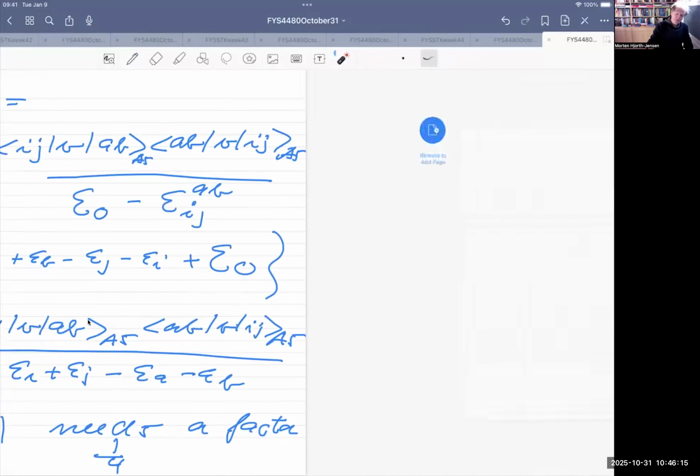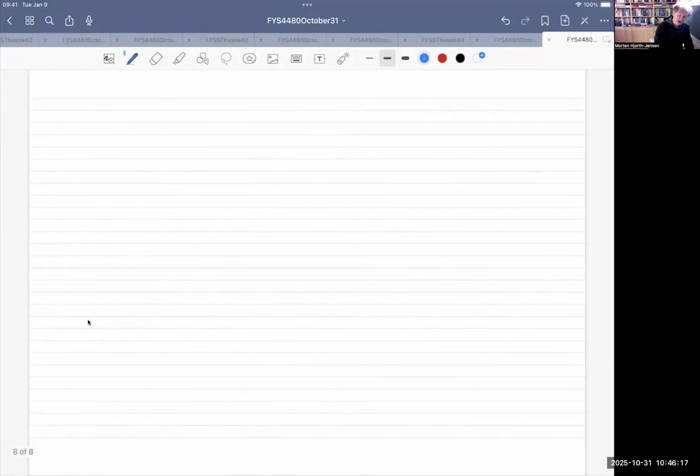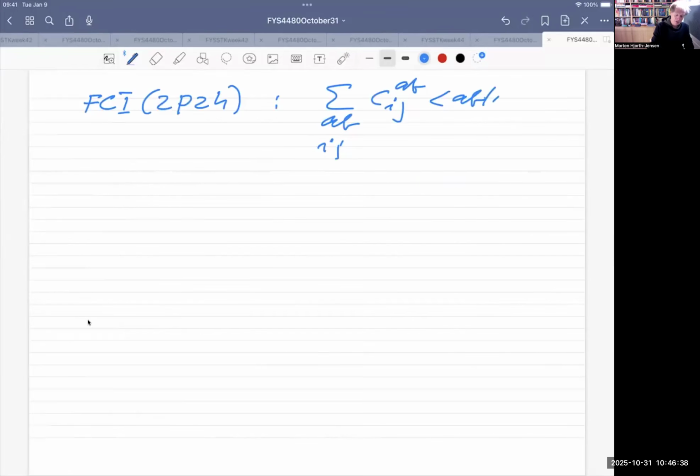So in the FCI calculation, for the two-particle two-hole case, we had a term which went like C_IJ^AB, and this is multiplied with the two-body integral here.